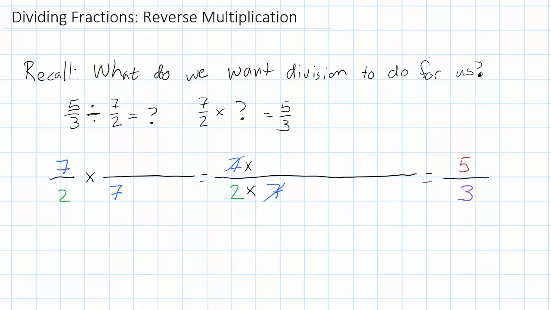Now I haven't got anything left in my numerator, and I need to get a 5 there. Well, the only way I can think of to do that is by multiplying by a 5 somewhere. And the only place that that 5 can have come from is from the numerator of my unknown fraction.